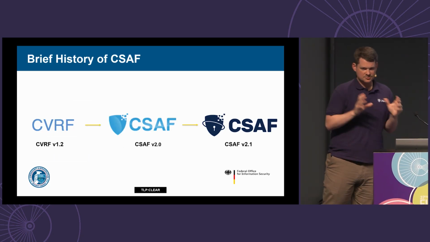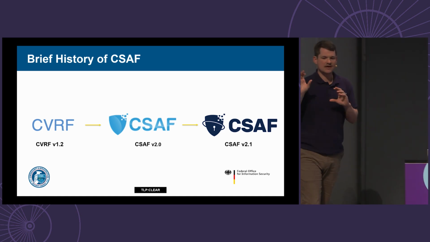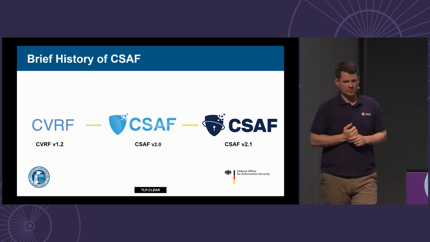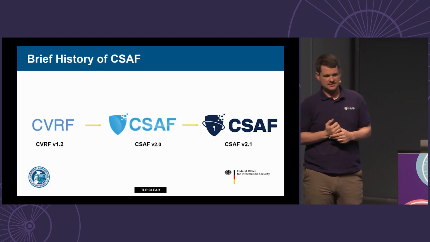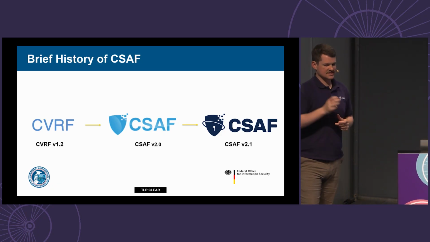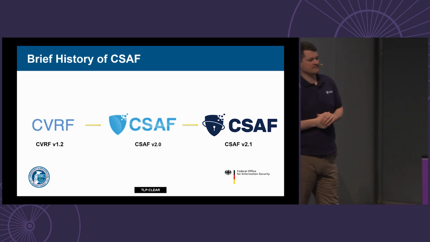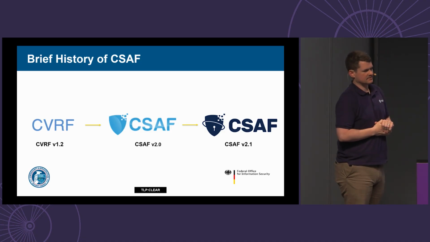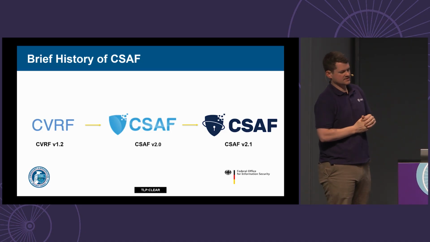And a really brief history: if you are familiar with the Common Vulnerability Reporting Framework, CVRF, that is the predecessor. CSAF is the successor of CVRF. I believe CVRF was developed out of ICASA, which is now, I think, merged with FIRST.